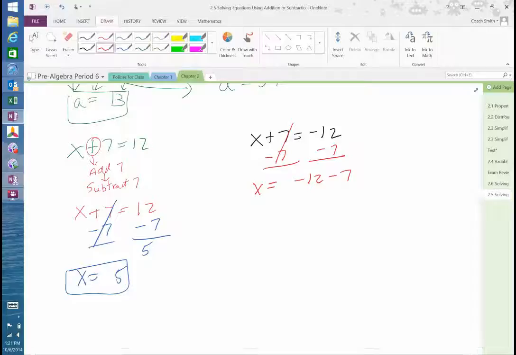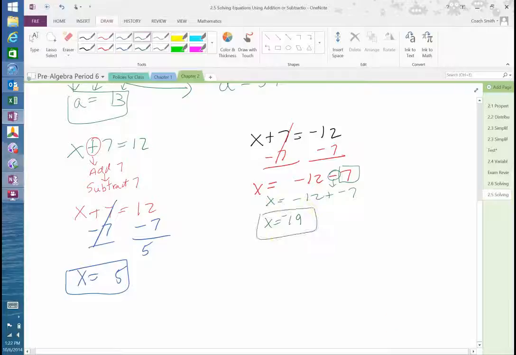I have to change that to addition, do the opposite of positive 7, which is negative 7. So x is equal to negative 12 plus negative 7. What is negative 12 plus negative 7? Negative 19. When you have two negatives and you're adding, you simply add the two numbers together and keep the negative sign.